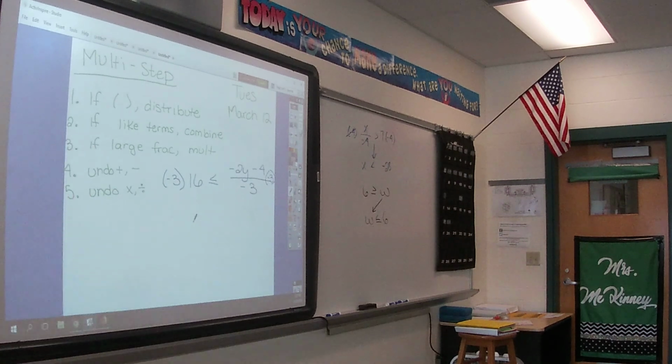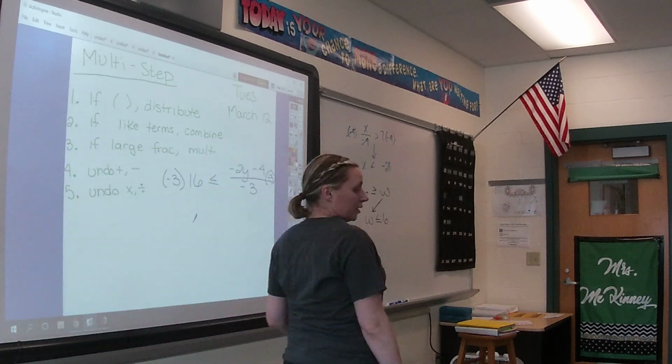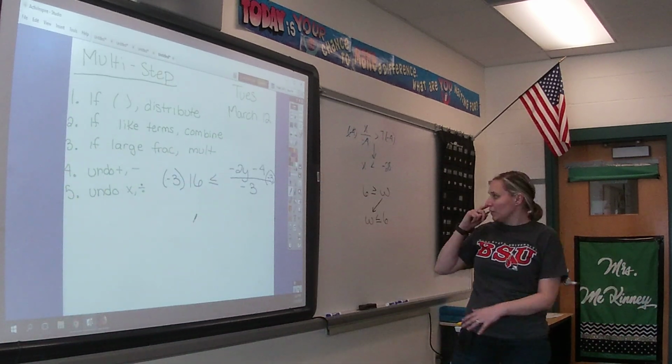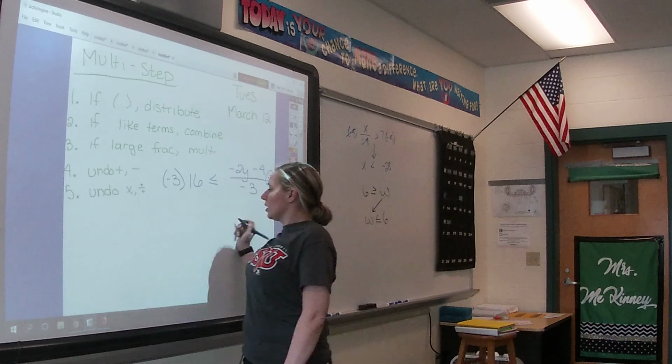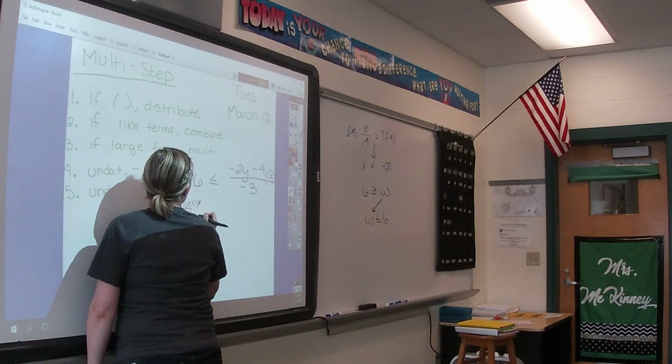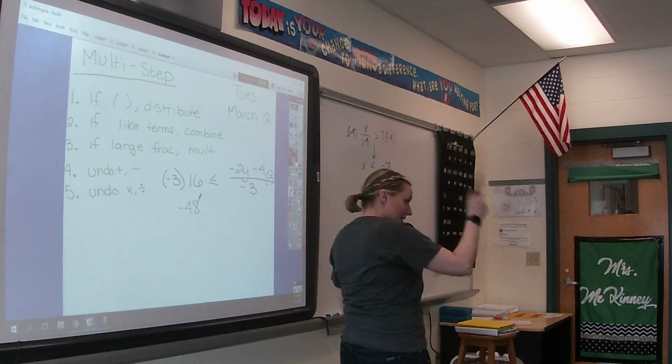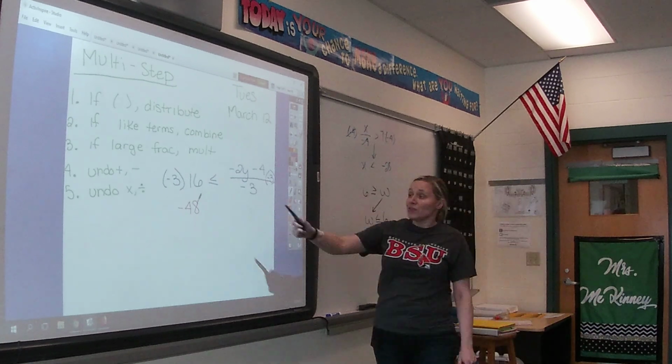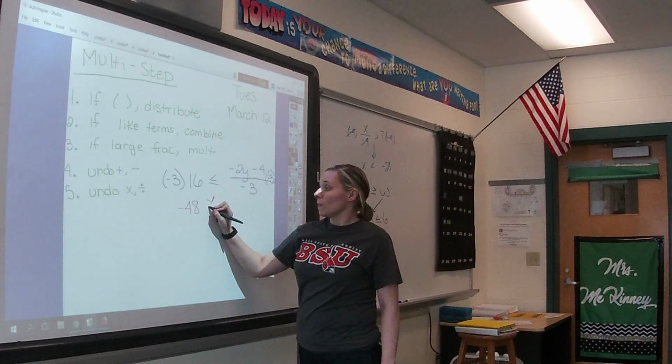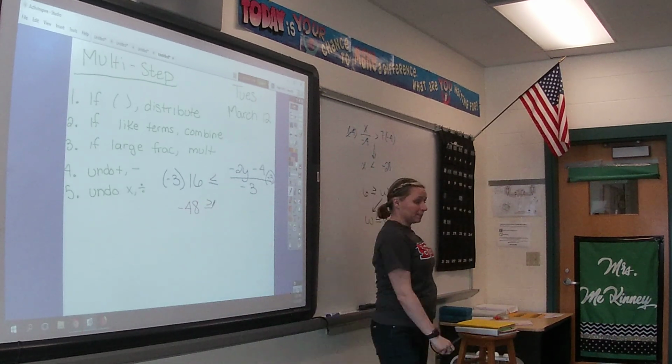Now, I don't care if you write your multiplication underneath it or to the side. That's not what's important to me. And I already see some of you doing it. What is 16 times negative 3? Negative 48. Is this a reason to flip the inequality sign? Yes. Right? This is negative. So the sign flips.